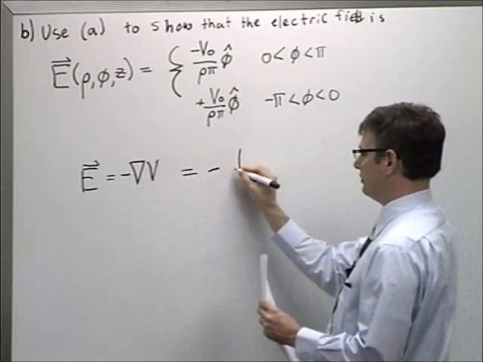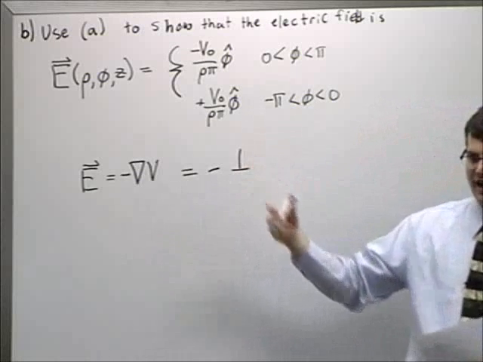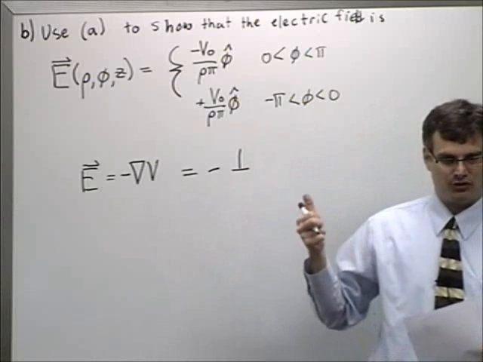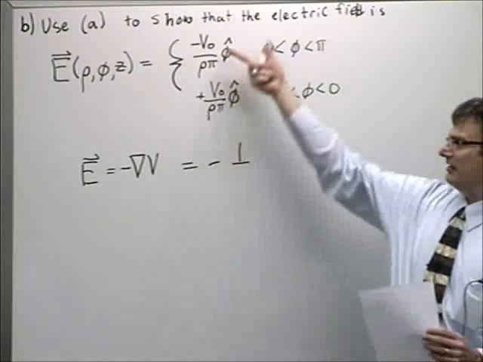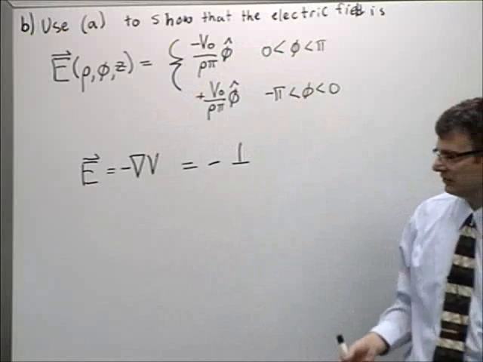That's the only place where a derivative with respect to phi shows up. All the other terms evaluate to 0 because they've got partial derivatives with respect to rho and z. My voltage that I found over there doesn't depend on those, so there's always going to be 0.